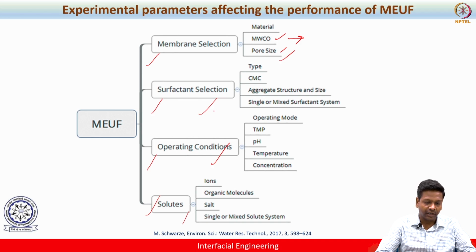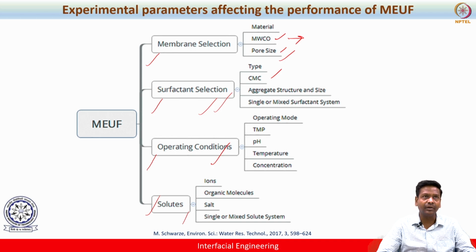Okay. Next comes the surfactant solution. Here, as you know, CMC plays a very crucial role. So generally we should choose a surfactant for which the CMC is minimal, so that you don't end up consuming too much surfactant.